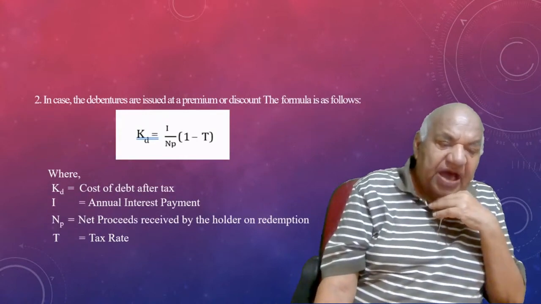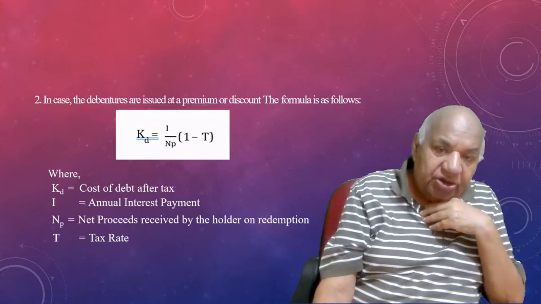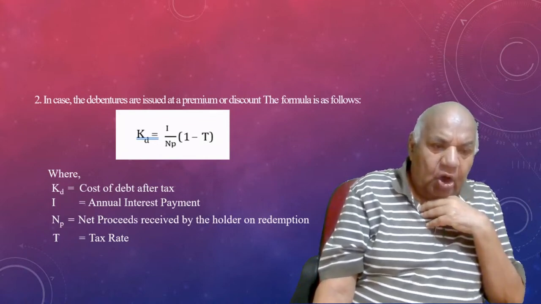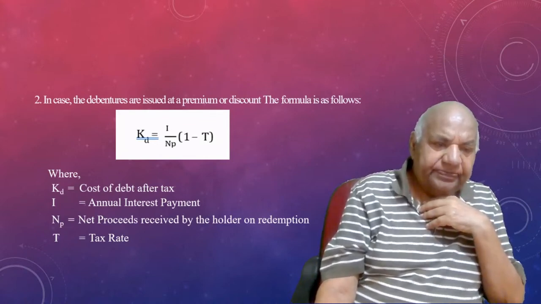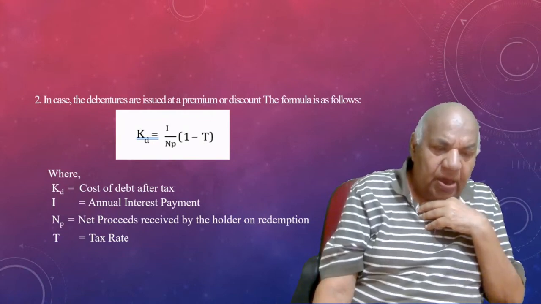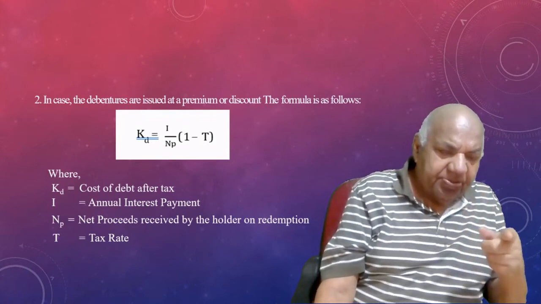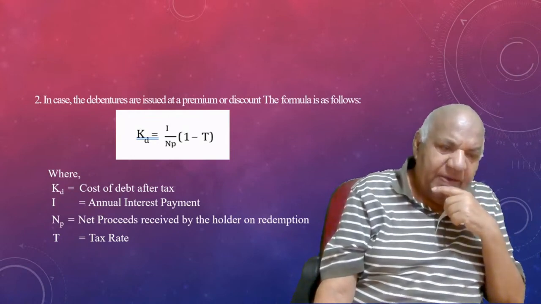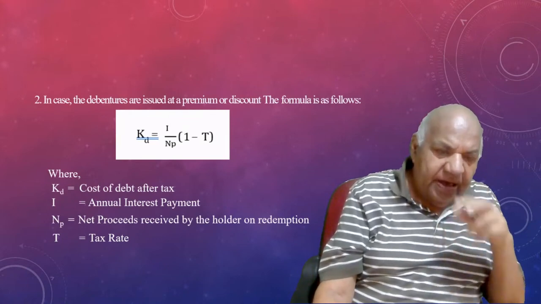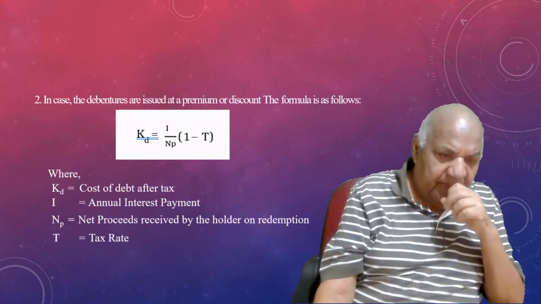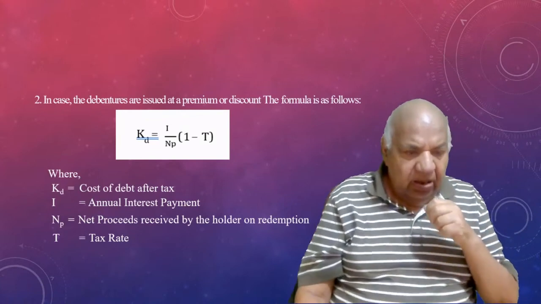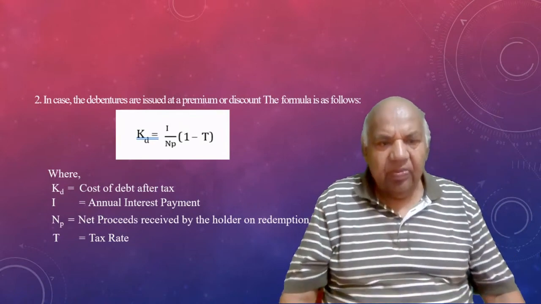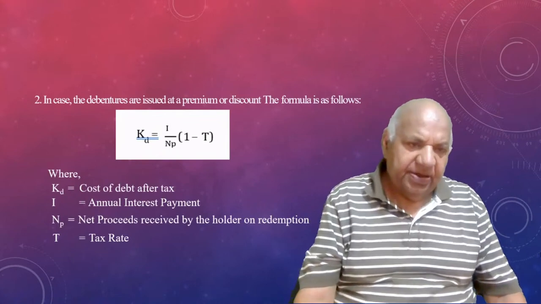In case debentures are issued at premium or discount, the formula is as follows. Cost of debt after tax, denoted by KD, equal to I upon NP, where I is the annual interest payment and NP is the net proceeds received by the holder on redemption, and T is the tax rate.